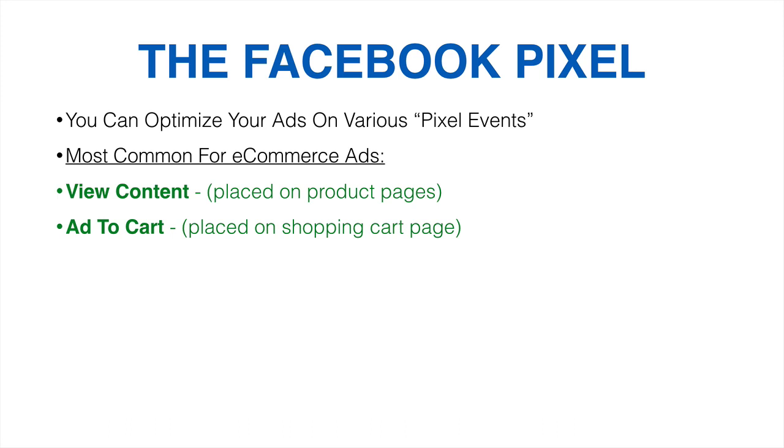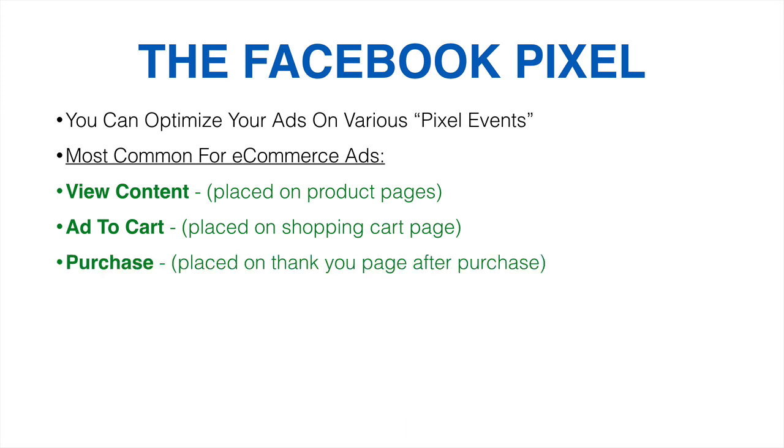You start noticing that if you optimize on add to carts, the performance of your ad usually ends up being better, because people are making more of a commitment to not just browse around, but to actually almost buy something.